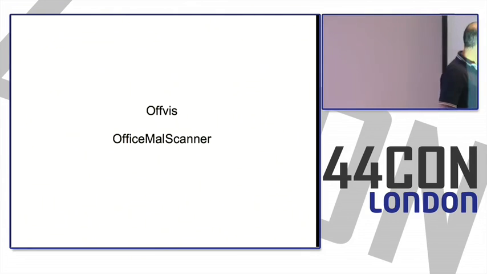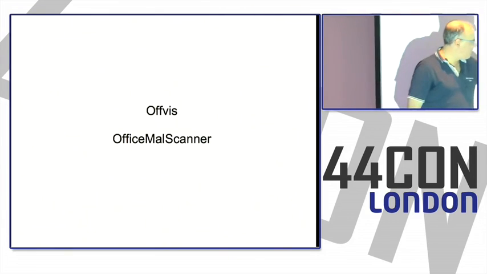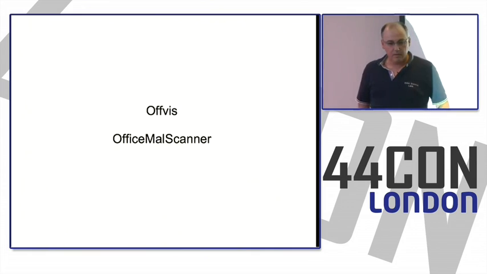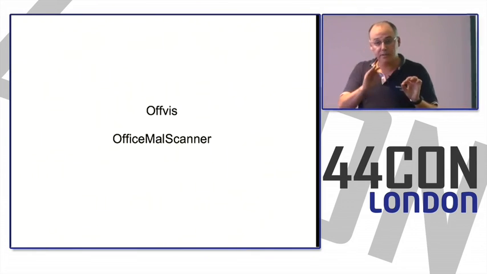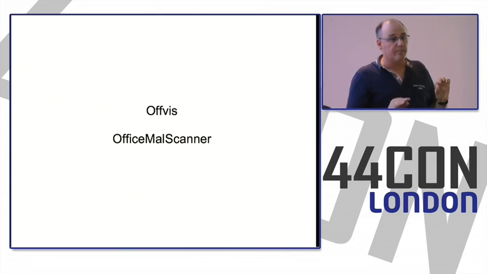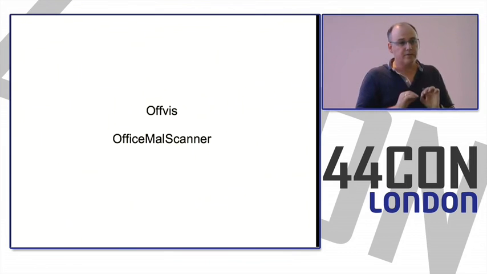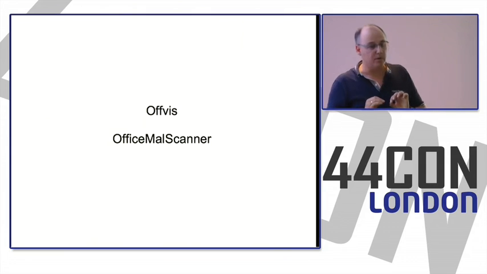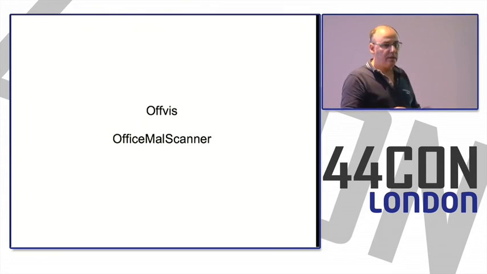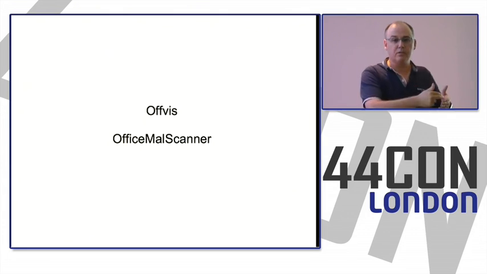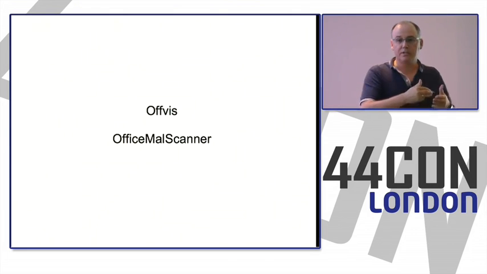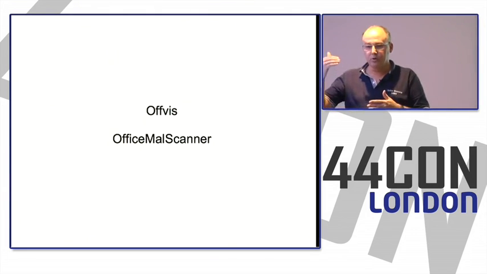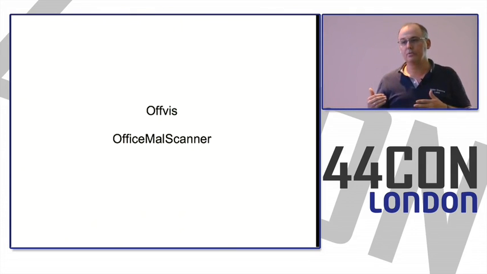But it can also scan the streams in the Word documents for artifacts of executable code, like, for example, shellcode that tries to find its location in memory, or shellcode that tries to look up the addresses of API calls and things like that.